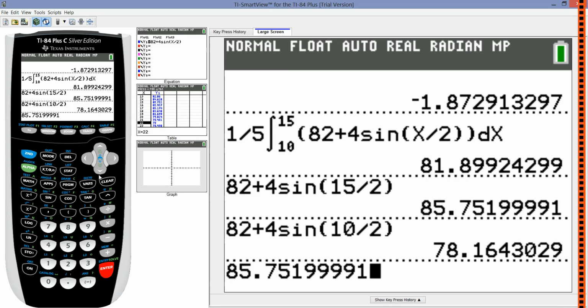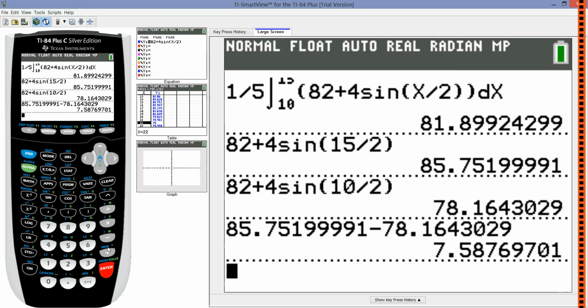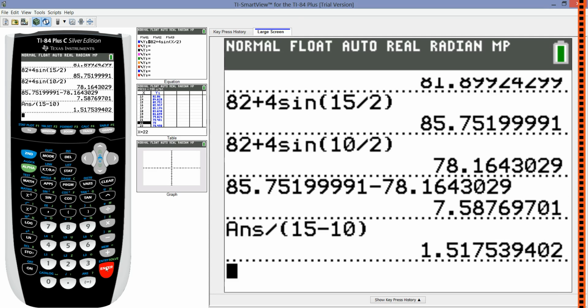Subtract these numbers, and then divide it by 15 minus 10, which is the slope formula. And then you would get 1.5175.